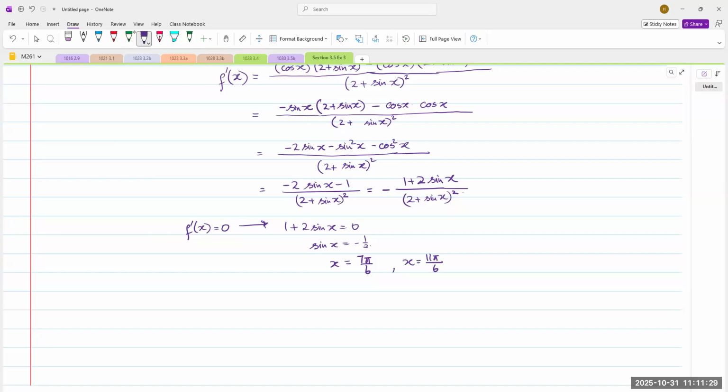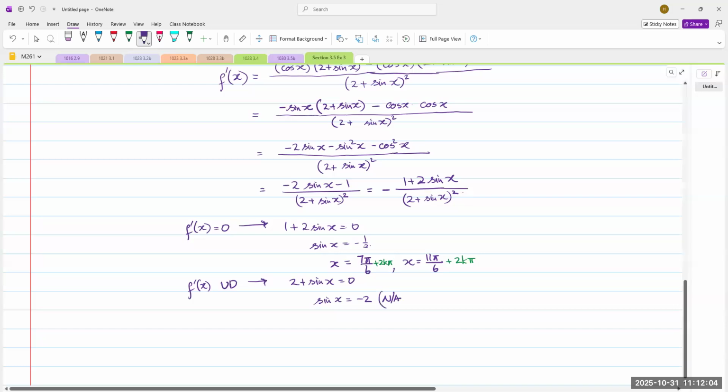Now remember, it's supposed to be plus 2k pi, right? But we decided earlier that we will be working on the interval from 0 to 2 pi only, and then we copy paste later on. Okay, on the other hand, f prime x is undefined when 2 plus sine x equals 0, but we never have that case because that implies sine x is equal to -2, which is not possible, right?